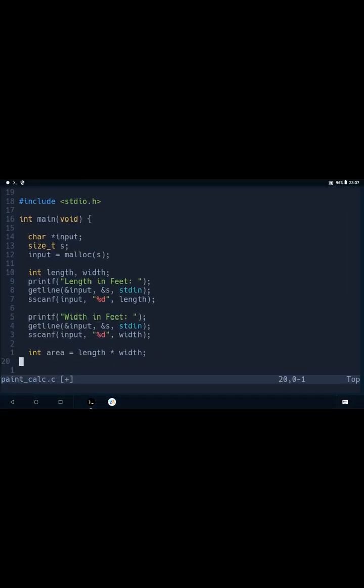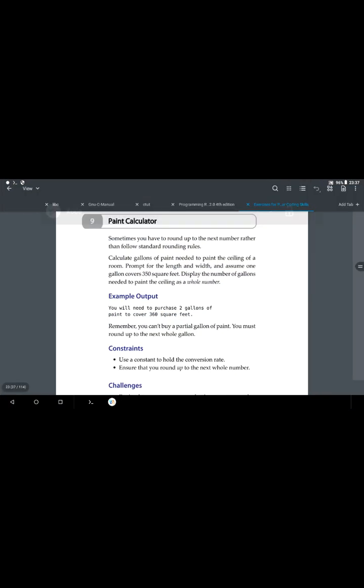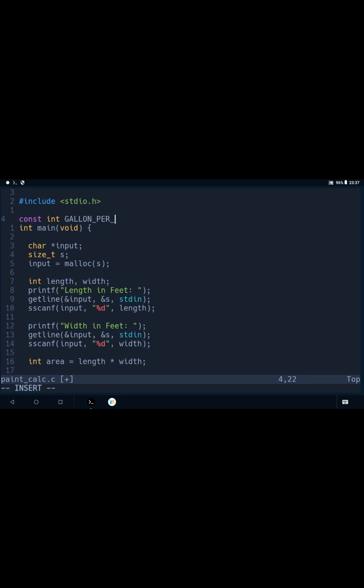So an integer, what should we call it? Gallon per, no, the area per gallon.